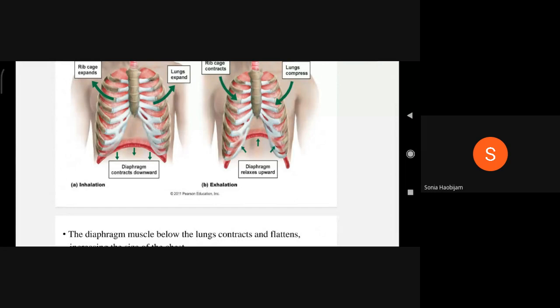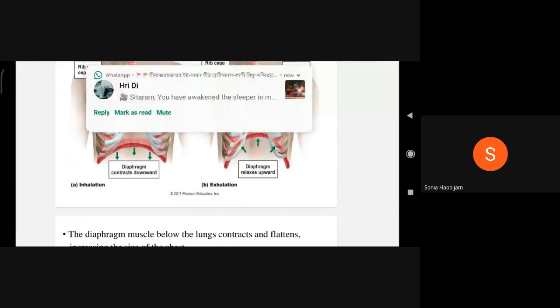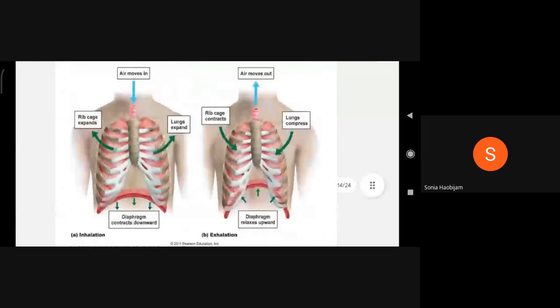And when we are exhaling, all these muscles relax. The diaphragm relaxes, so it comes up. Our chest walls relax, so they collapse. They are contracting.